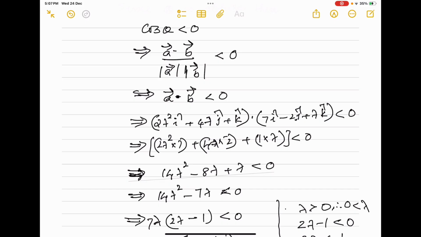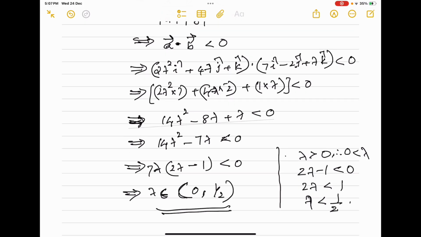From here, you take 7 lambda outside. 7 lambda into 2 lambda minus 1 less than 0. In this question, lambda will be greater than 0. That is 0 less than lambda. And 2 lambda minus 1 is less than 0. If lambda is greater than 0, then 2 lambda minus 1 is less than 0.